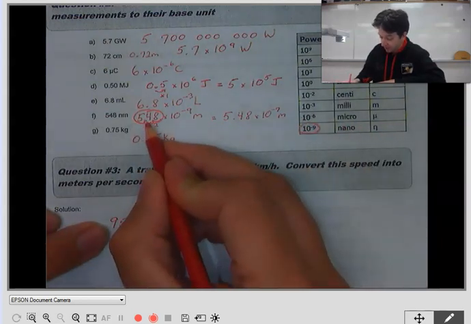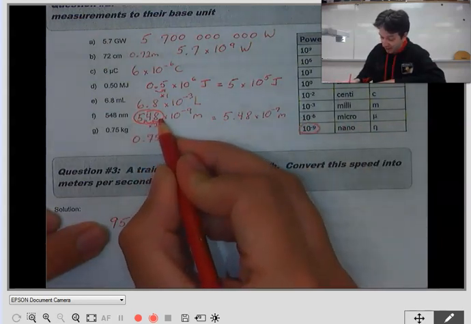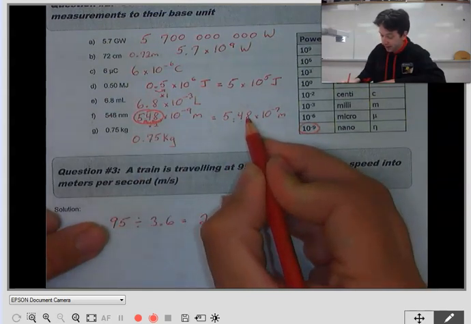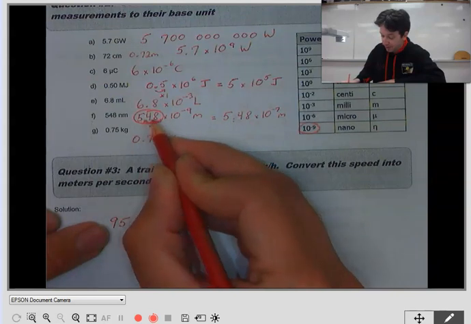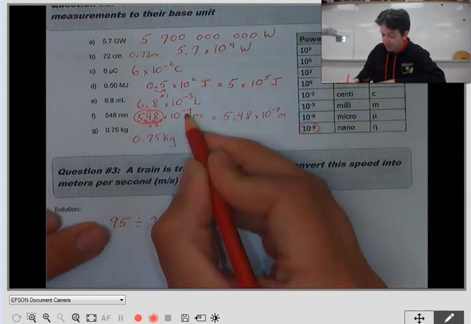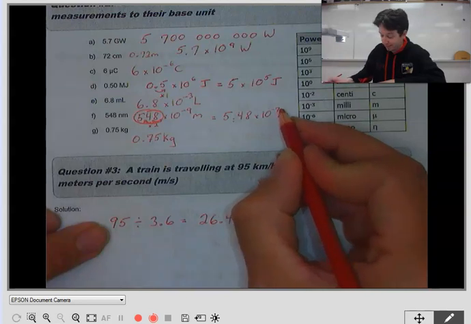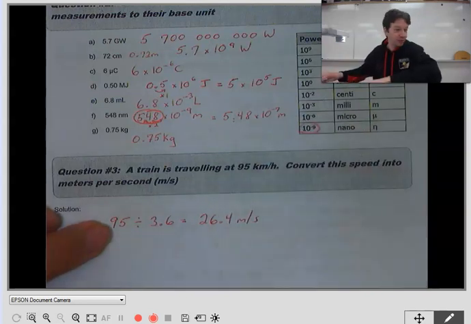So we're going to take that digit at the end here and move it over, so we have 5.48. Since we moved it over to the left twice, we're going to add 2 to the exponent. Okay, so minus 9 plus 2 will give you minus 7. So that's why we did that.